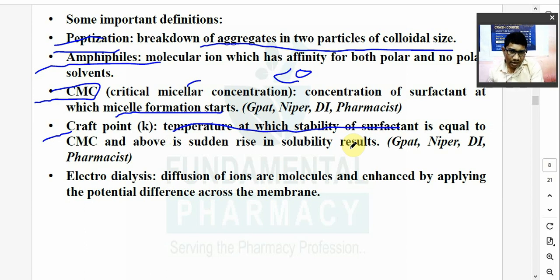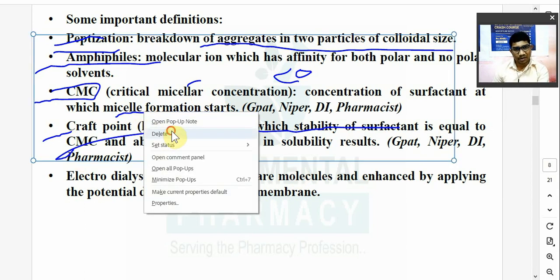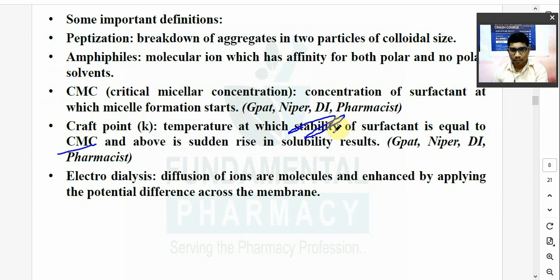The temperature at which solubility of surfactant is equal to the critical micellar concentration.